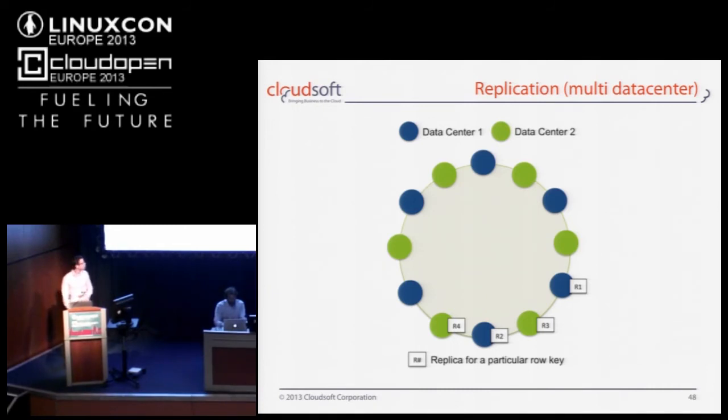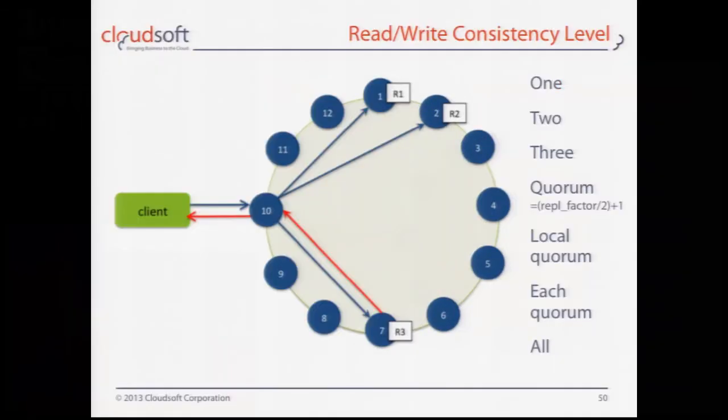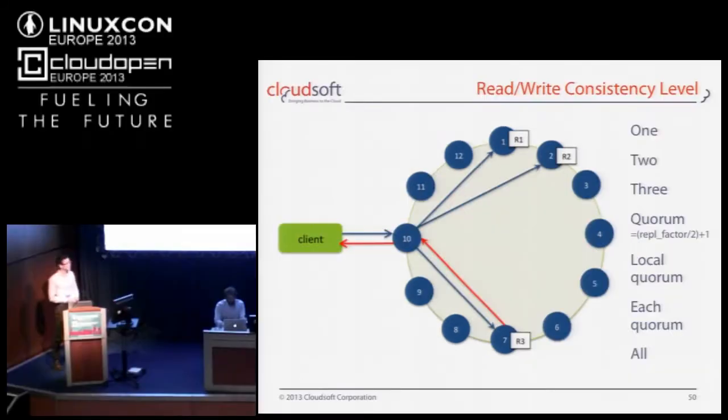So to put that into practice, if we have here a couple of data centers with a couple of racks in each, and a client comes in, the client can connect to any node in the Cassandra ring and ask it for any piece of data. That node will then work out who has the data and who the replicas will be.